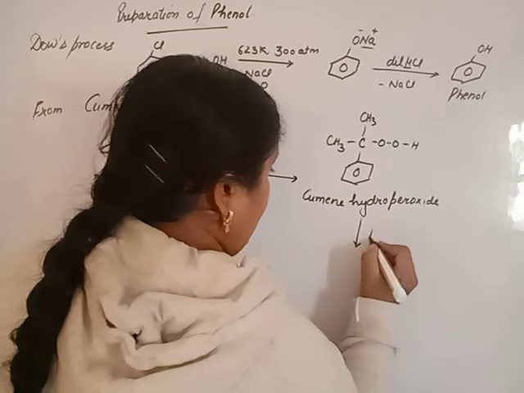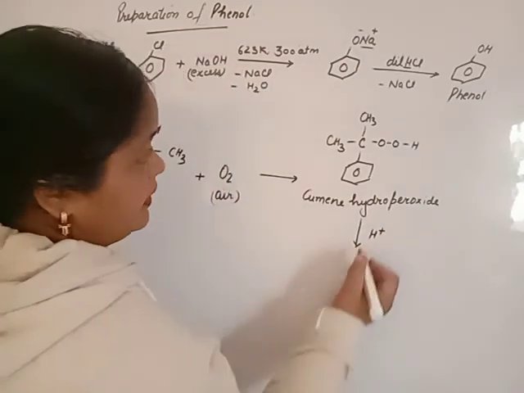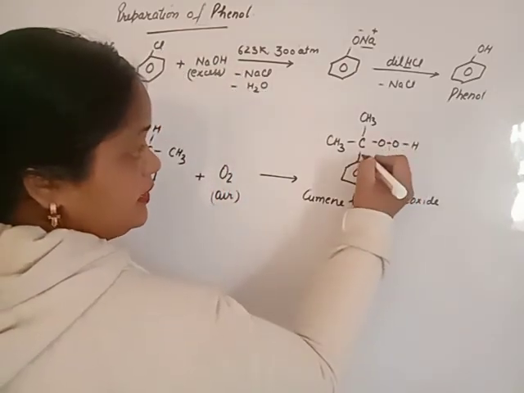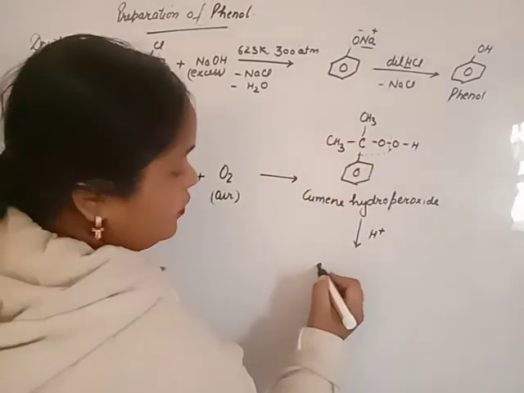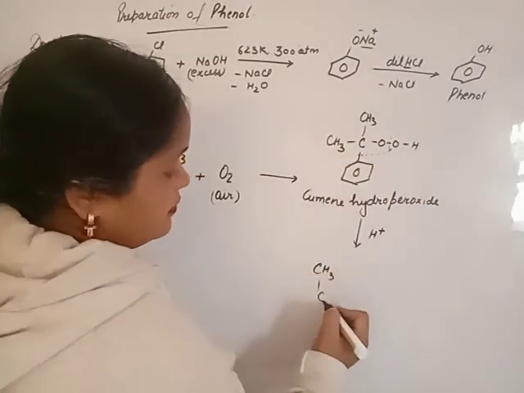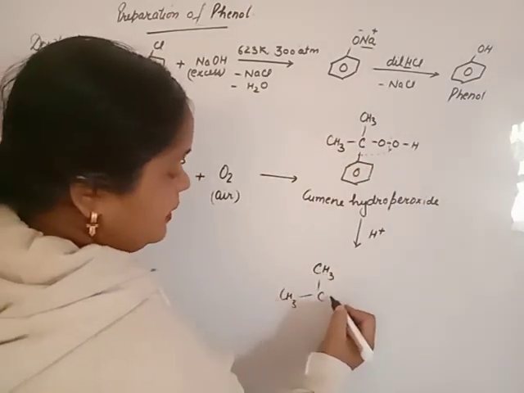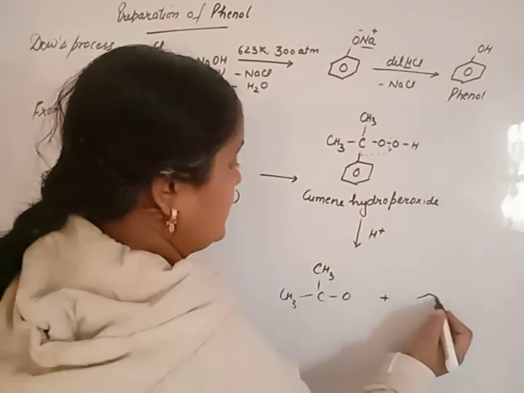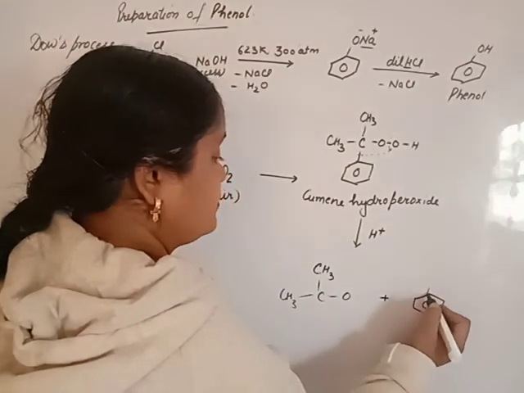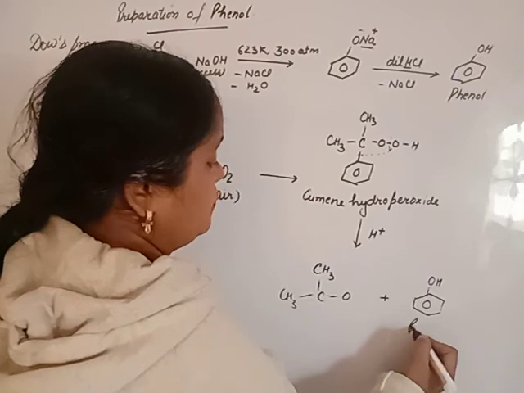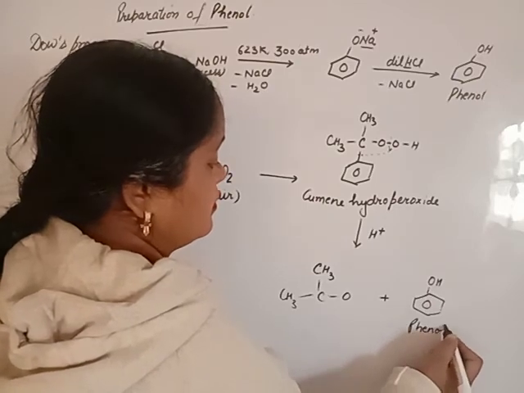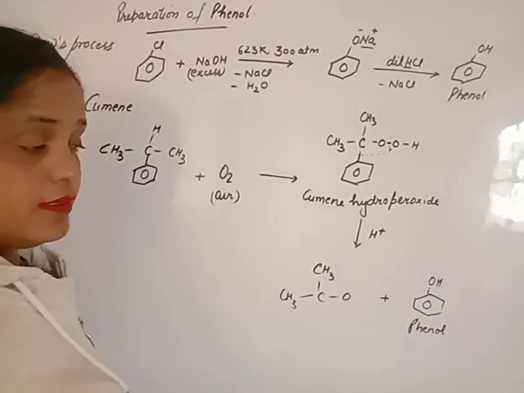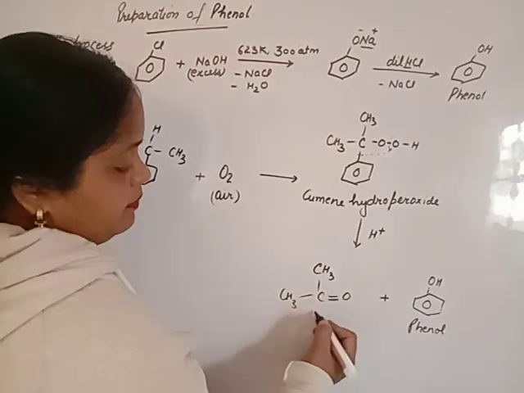On treatment with acid, this and this will break. This group is separated out. Benzene and OH combine together to give phenol. Clear? Now the valency is completed by a double bond: acetone.